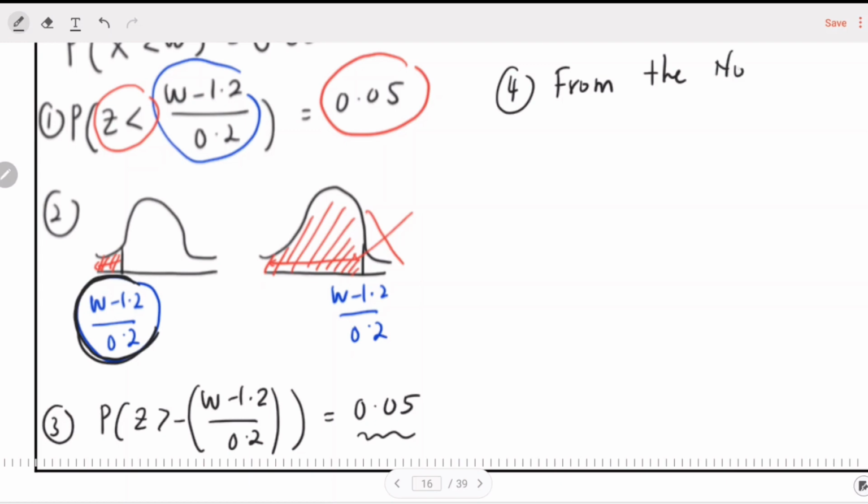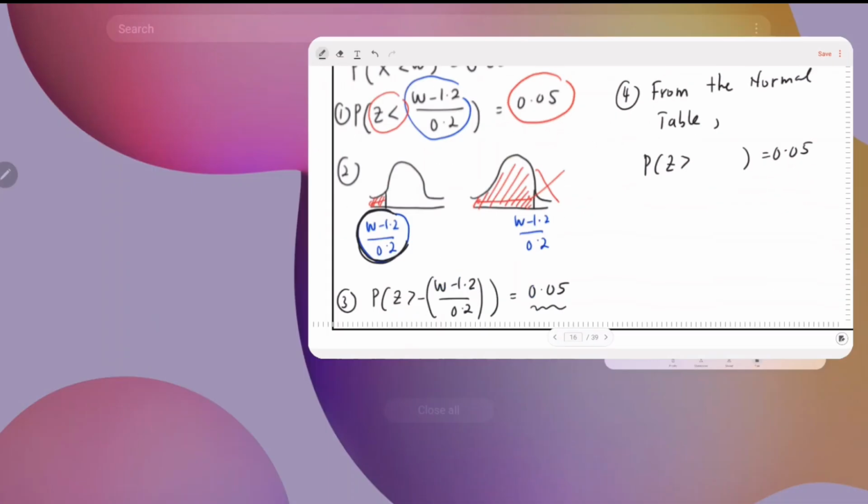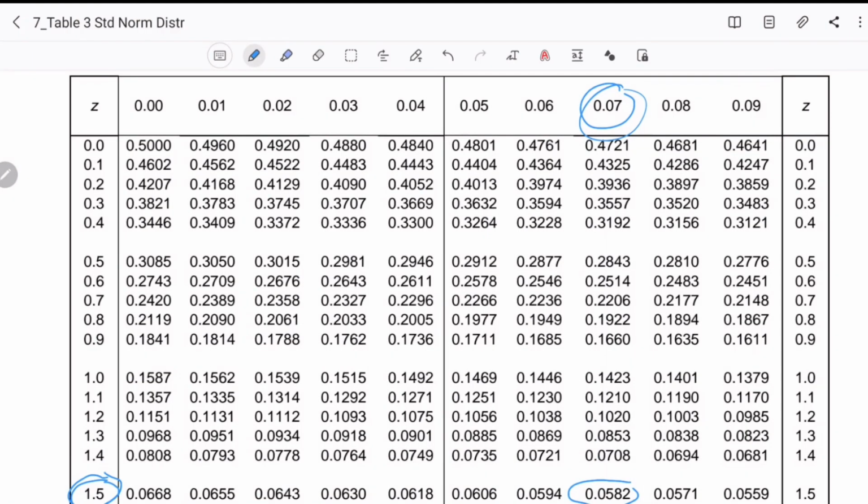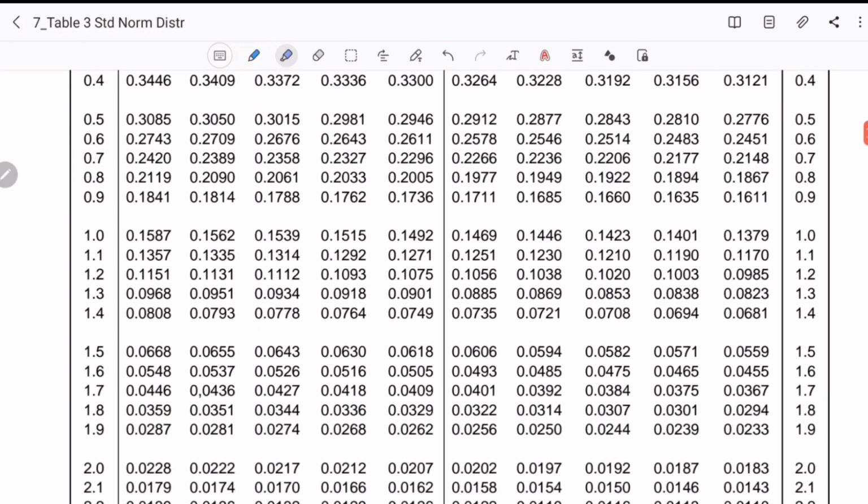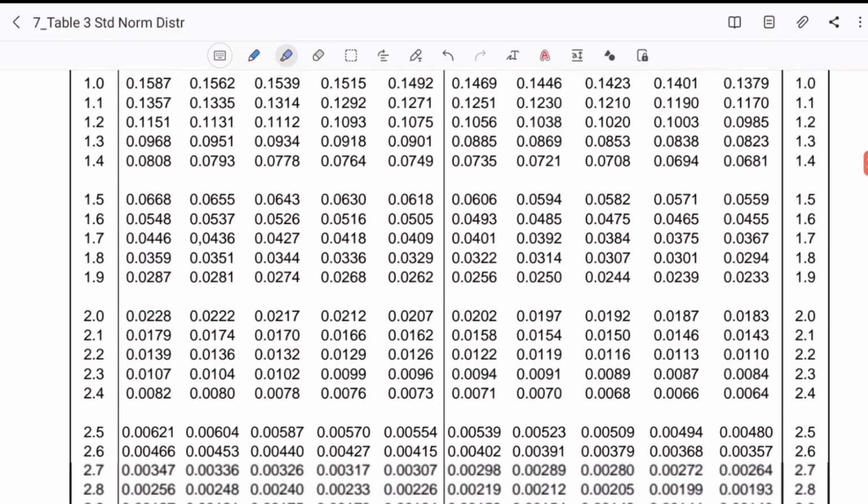So from the normal distribution table, find the value of Z that will give us probability 0.05. So take a look here. 0.05. We don't have exactly 0.05. It's either 0.0505 or 0.0493.